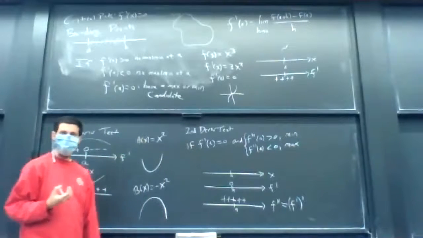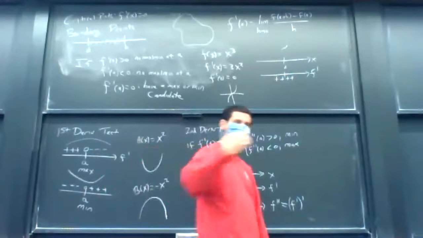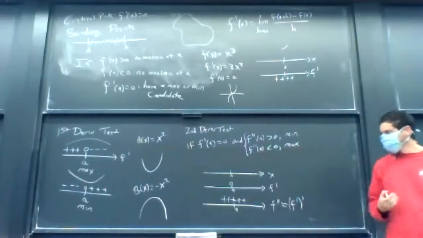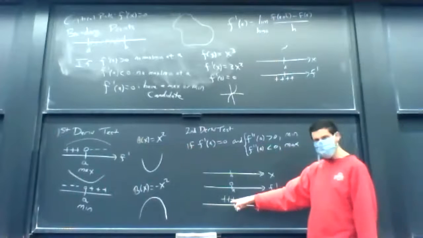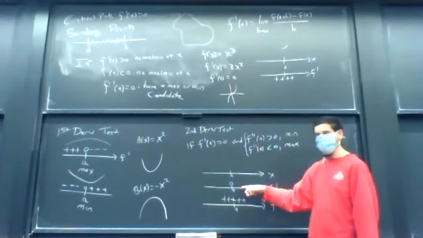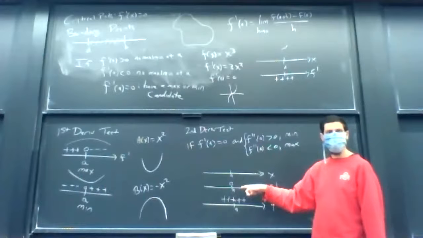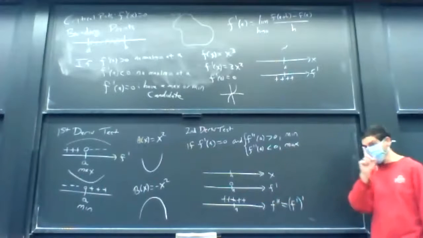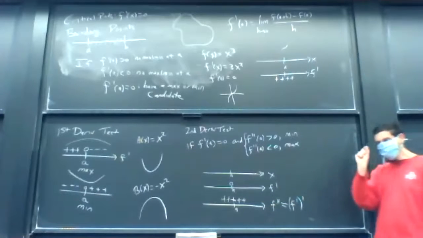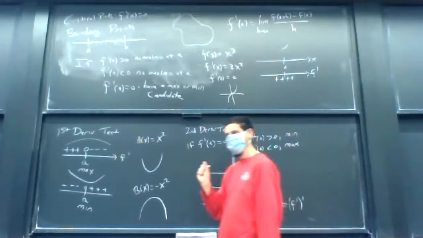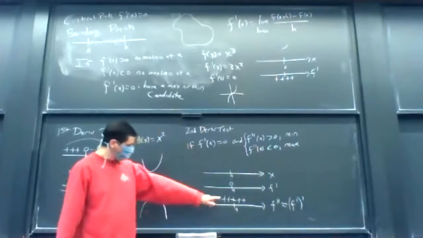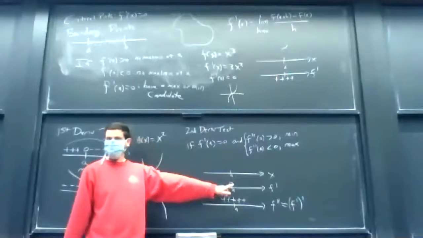F prime. This is like the acceleration in physics tells you something about the velocity. So if I know that f double prime is positive, what must be true about f prime? It's increasing. Right. There's a difference between positive and increasing. So if f double prime is positive, that means f prime is increasing.